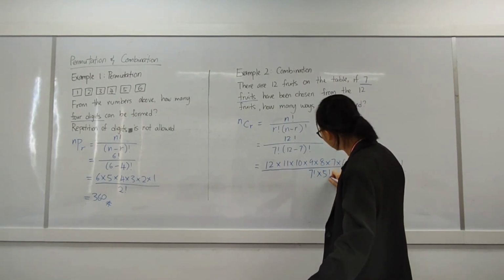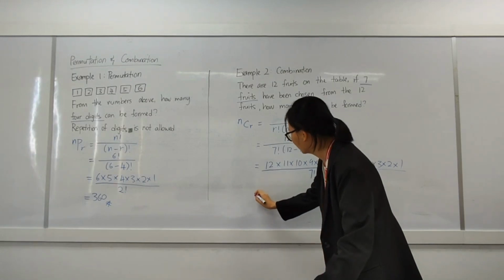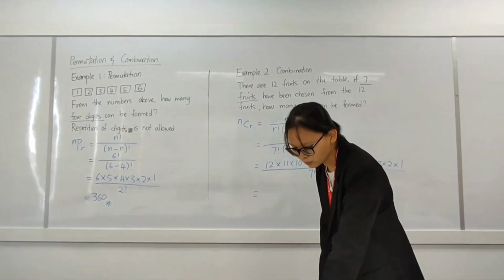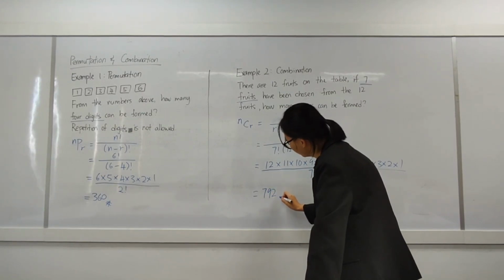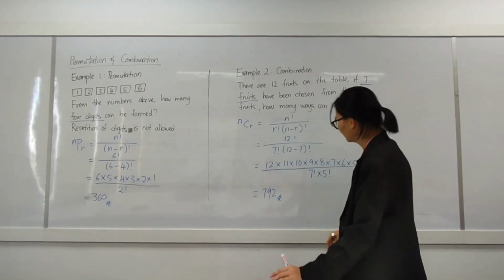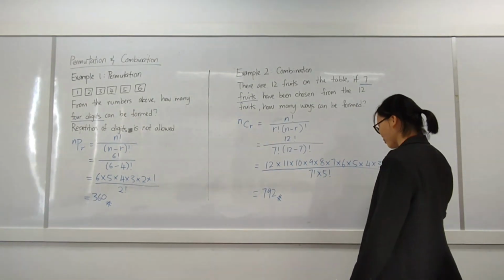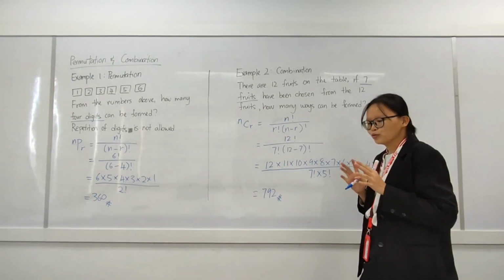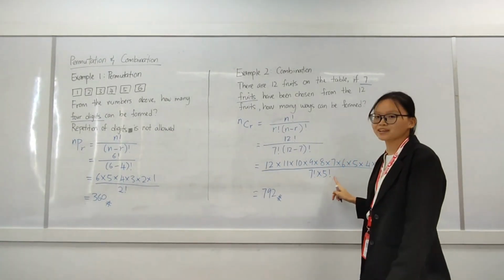So 7 factorial multiplied by 5 factorial. So the answer will be 792. Actually, you guys can expand these like above, but it will be very long, so we'll just leave them like this.